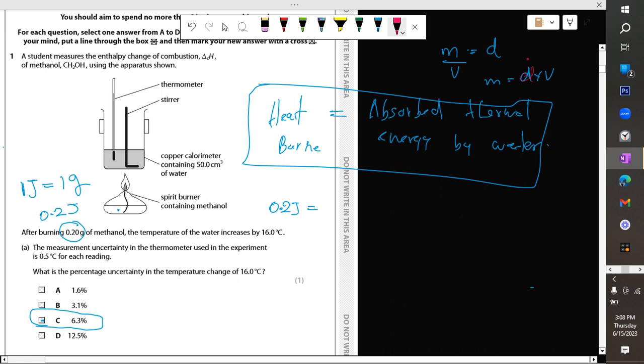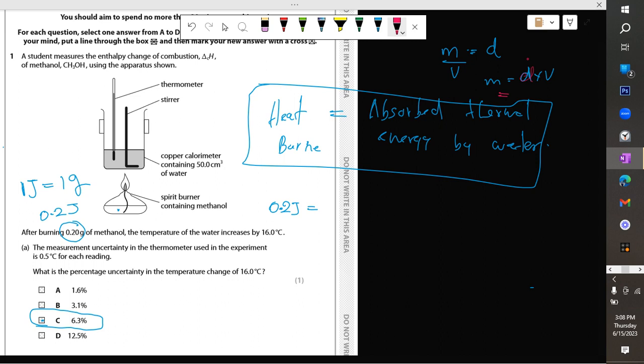Then for the mass, you can get density D times volume 50, right? 50 D is the mass. Absorbed heat is mc theta, mass times the specific heat capacity of the water C, times temperature change, which is given as 16, right?